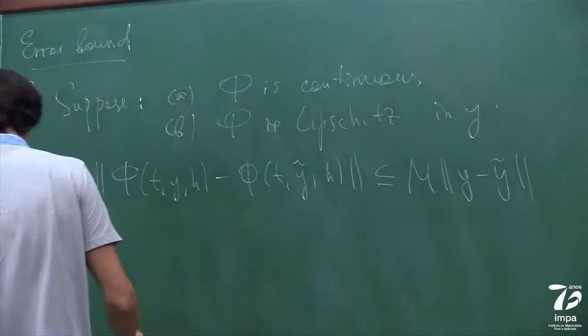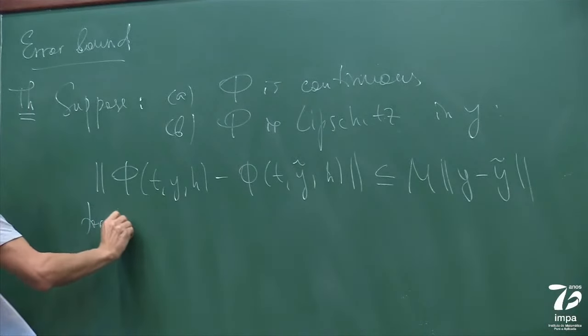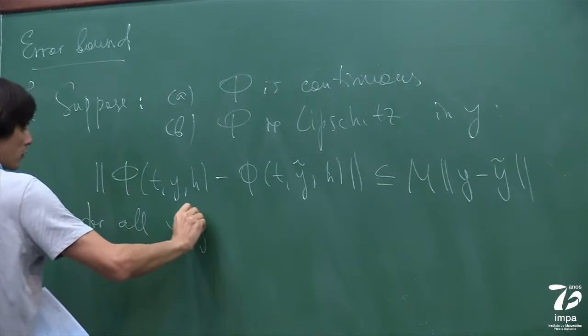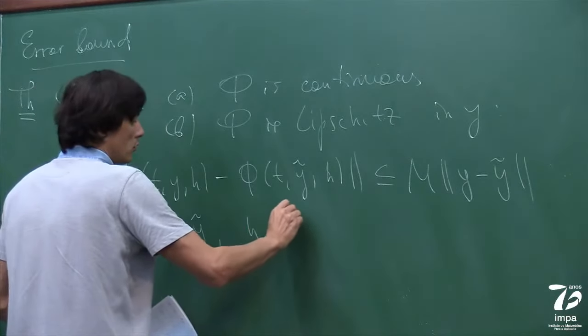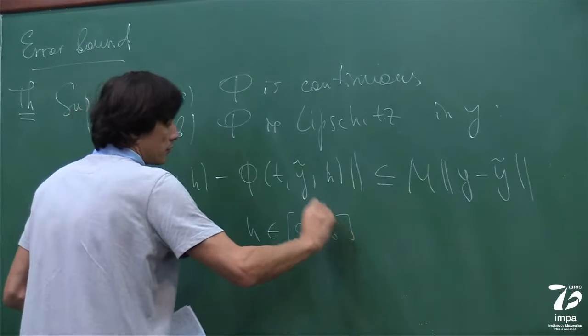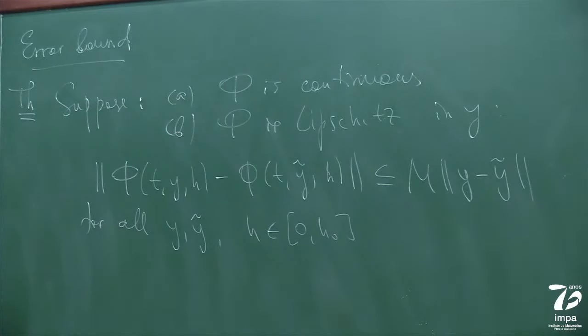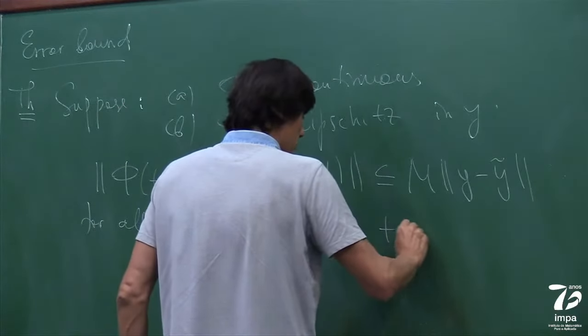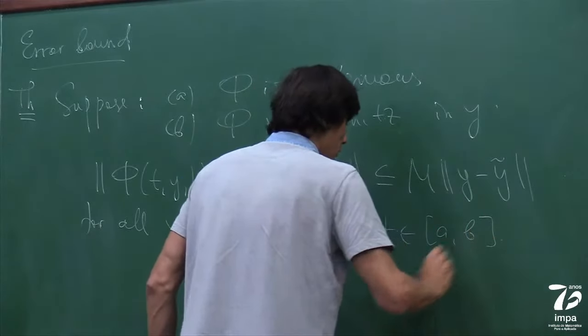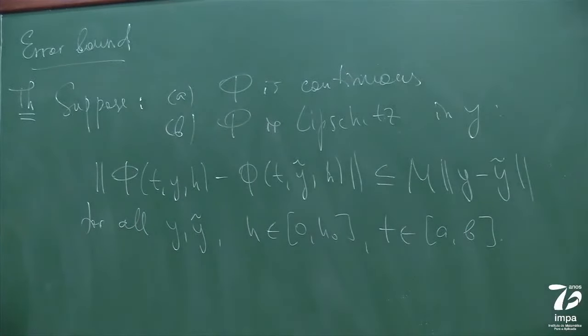This is for all y and y tilde in the space, or in some domain, for some h, where usually h is bounded by a certain number. This is convenient because usually we are interested in small h. So essentially, we have the Lipschitz condition in the domain where we want to solve the equation.